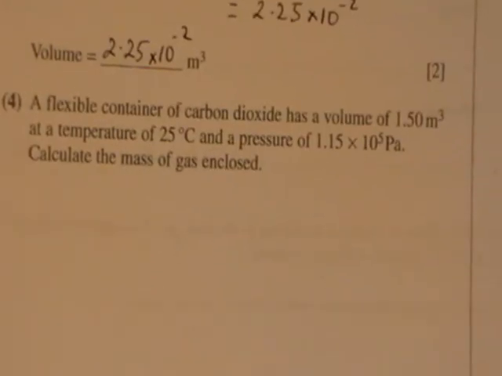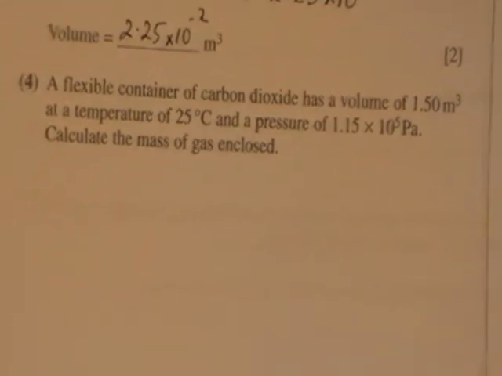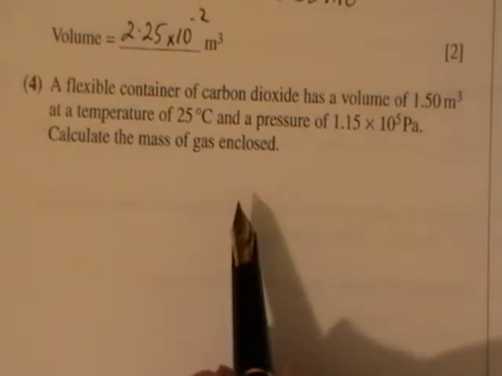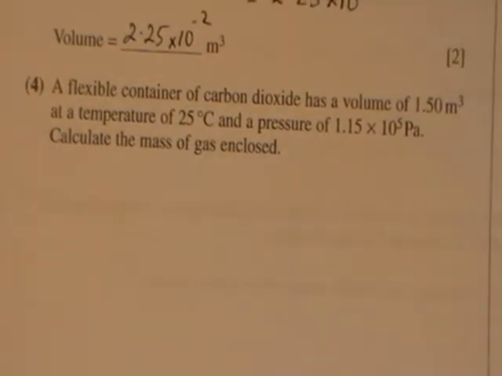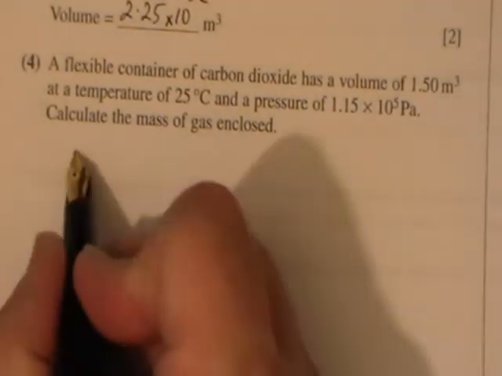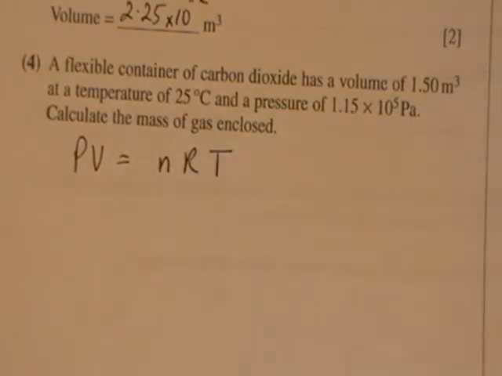Then a flexible container of carbon dioxide has a volume of 1.5 at a temperature of 25 and a pressure of 1. Calculate the mass of gas enclosed. So we're going to say that PV equals nRT.